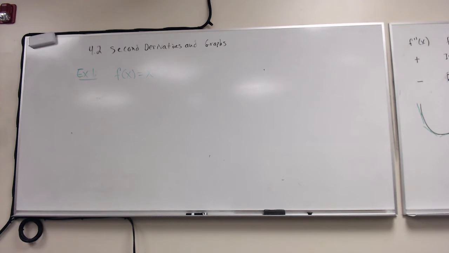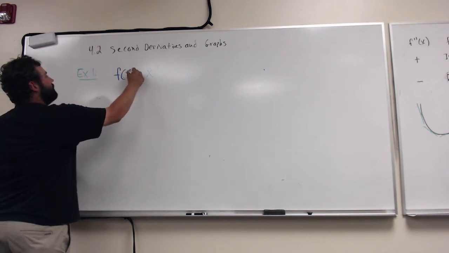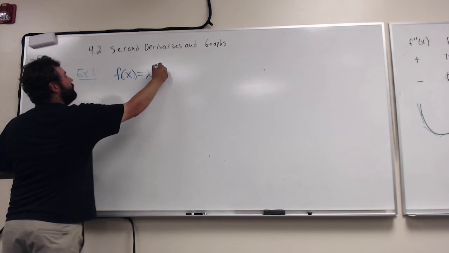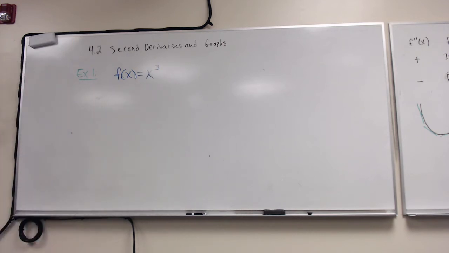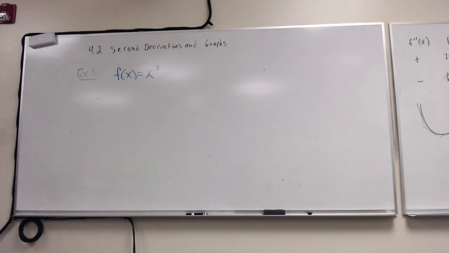In fact, let me stick with blue or black because green for some reason has a bad glare on the videos. We'll determine on which intervals the graph is concave up and the intervals on which it's concave down, and then we'll sketch a graph by hand.